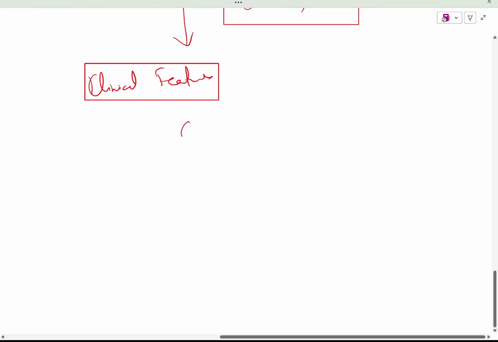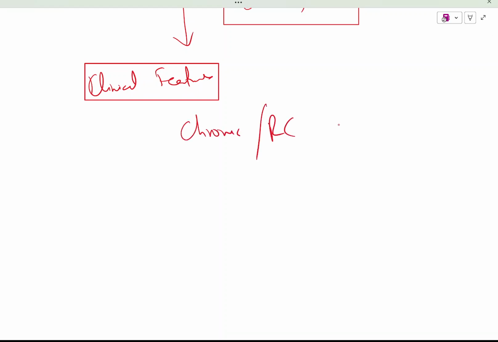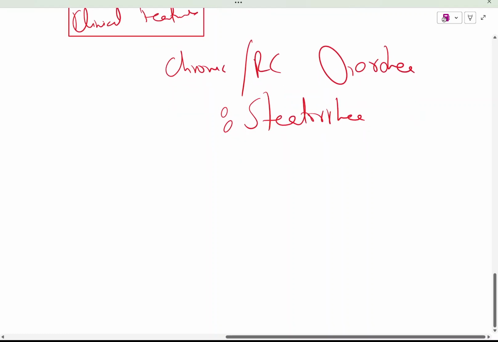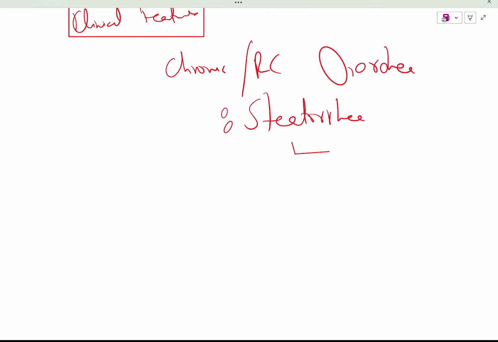clinically? So the patient comes to you with chronic or recurring diarrhea. What kind of diarrhea will it be? There will be steatorrhea, fat in diarrhea. In simple words, foul smelling. So what are the features of fatty diarrhea?